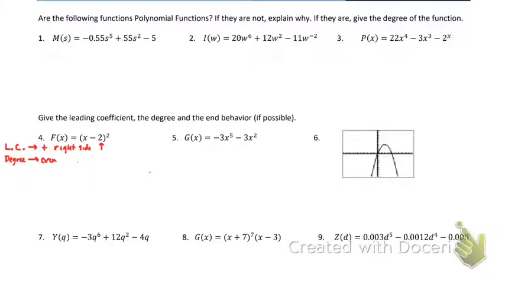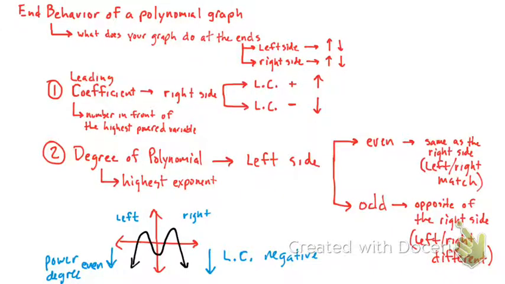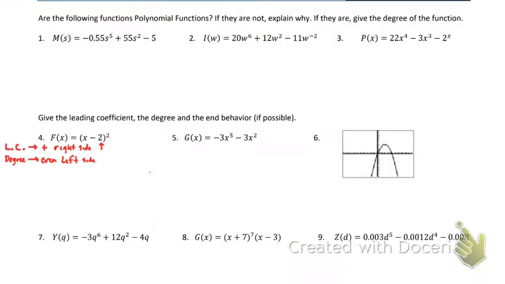So since the degree is even, the left side does the same thing as the right side, as you can remember here. The leading coefficient is positive, so it goes up. The degree is even, so it does the same thing as the right side.